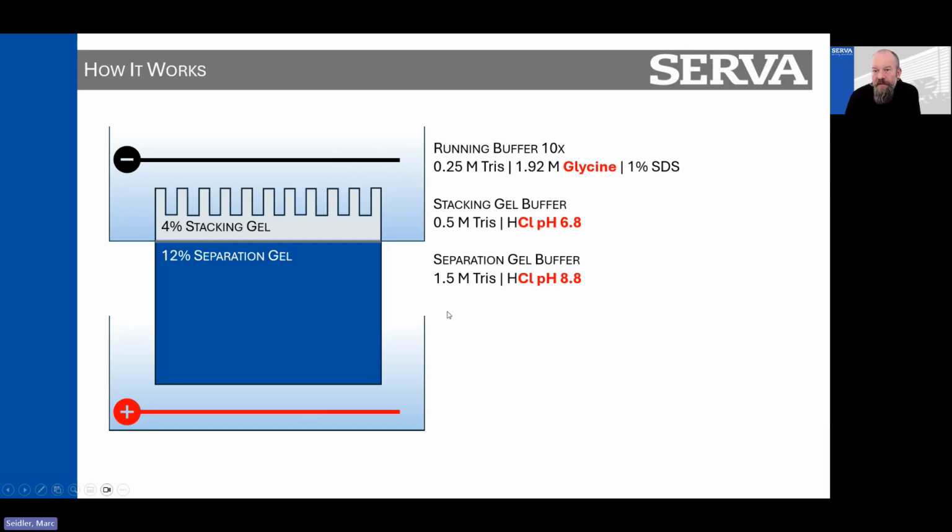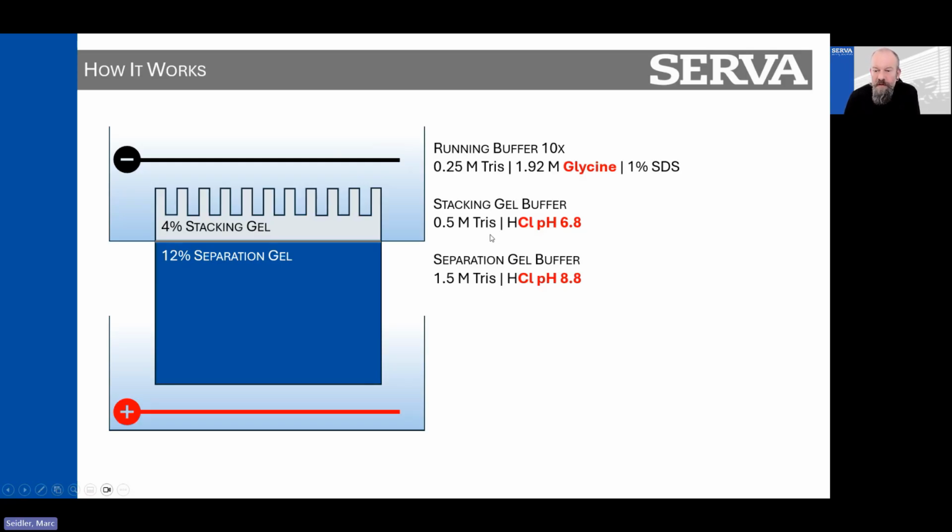So at the upper buffer tank, we have a running buffer. Here is the recipe for the 10x buffer. So you have tris inside and glycine and SDS. But this glycine is the main particle that is important for the tris-glycine electrophoresis theory or application. Then there is the stacking gel with the stacking gel buffer. It's also tris inside.